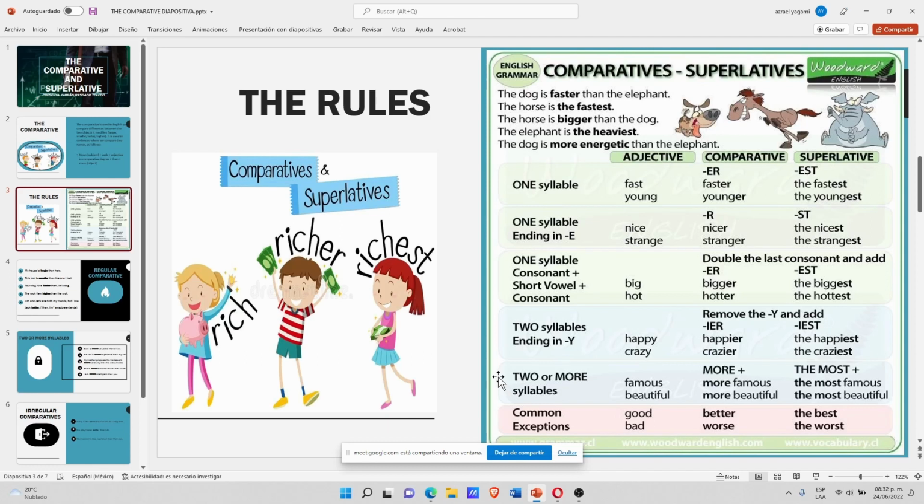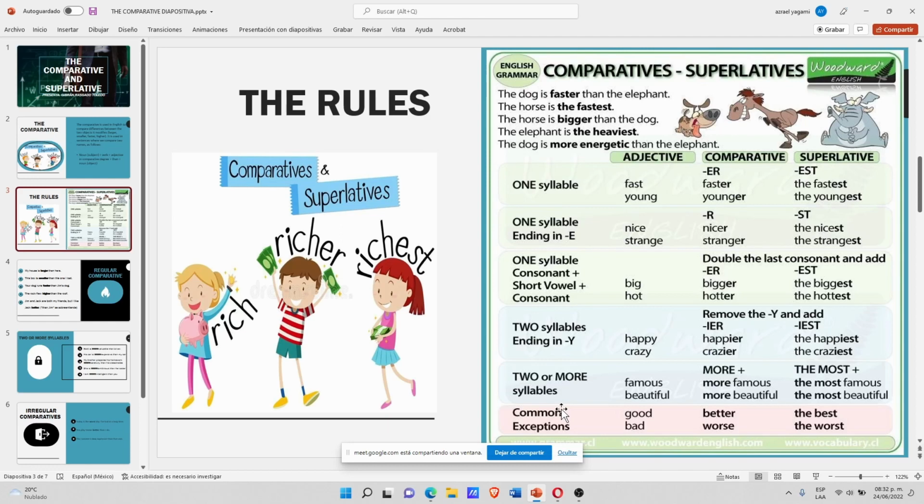For example, happy, happier. And then crazy, crazier. We see in this case. When we use two or more syllables, we need to add more. More famous. In this example, famous, more famous. Beautiful, more beautiful.